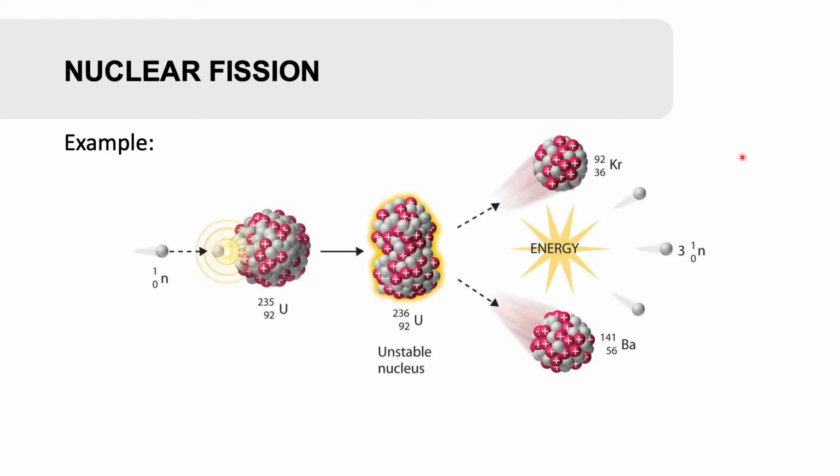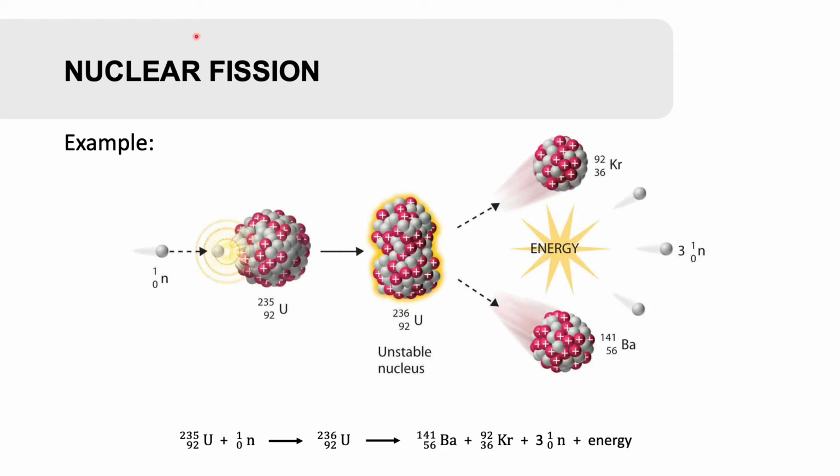Then, these 3 neutrons will bombard other uranium-235 and cause the nuclear fission to happen over and over again. This is what we call a chain reaction.